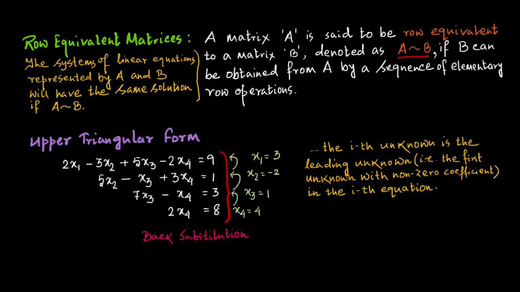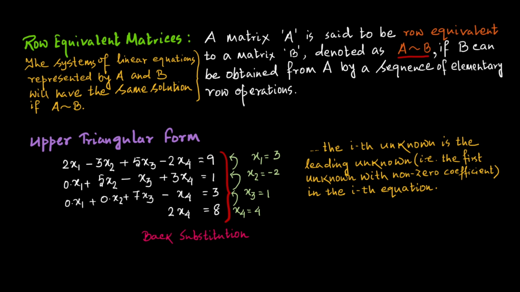The second unknown, that is x2, is the leading unknown in the second equation, because this equation you can alternatively write as 0 into x1 plus this. The third equation you can alternatively write as 0 into x1 plus 0 into x2 plus this, making x3 the leading unknown in the third equation.